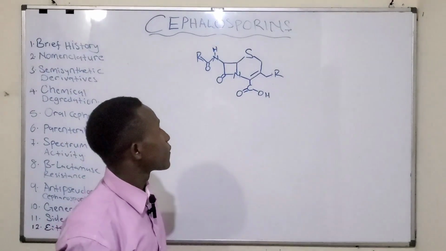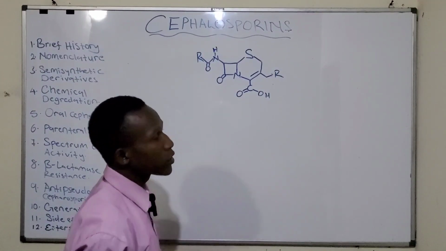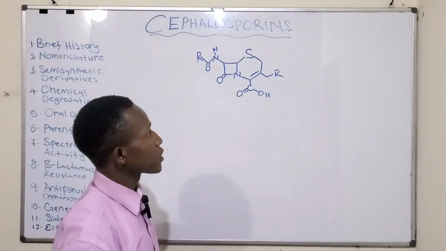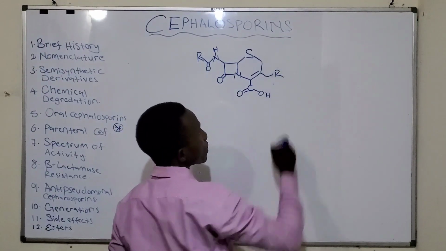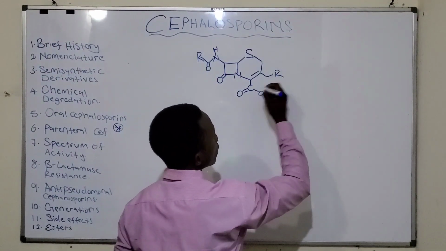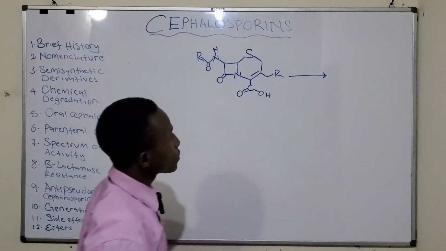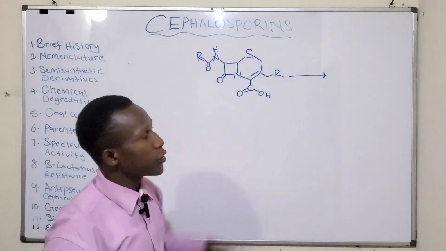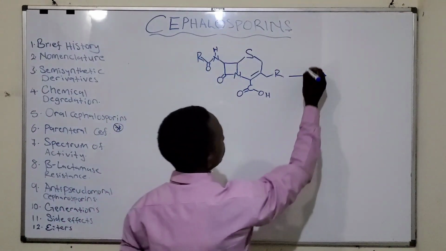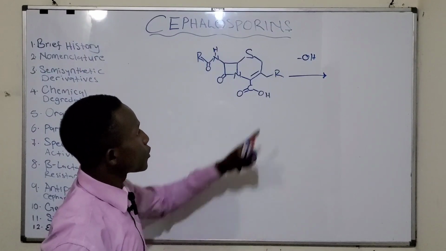For chemical degradation, various cephalosporins undergo various chemical degradation depending on the structure. Those with acetoxymethyl derivative, as we saw them, mostly undergo this route where this R group is replaced by a nucleophile. For example, an OH group.